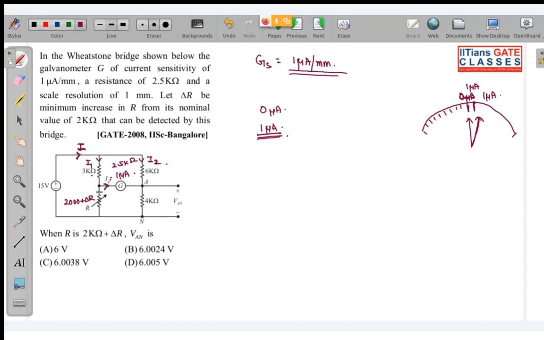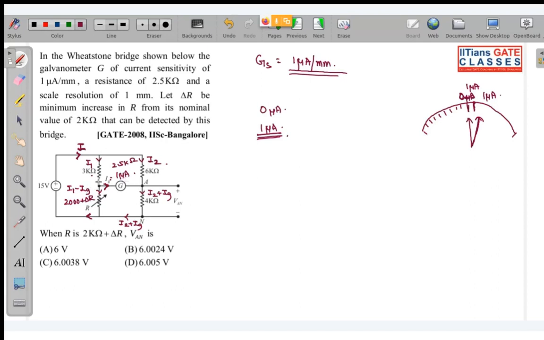So you can see from here, it will be I1 minus Ig, and from here it will be I2 plus Ig. So over here it is I2 plus Ig, and once again you can see that this will be I1 plus I2. Fine. So now I have to find this value. Ig is 1 microampere. Already it is given.